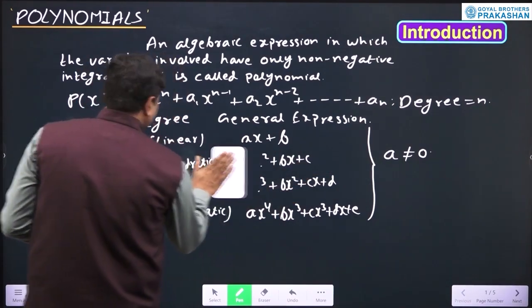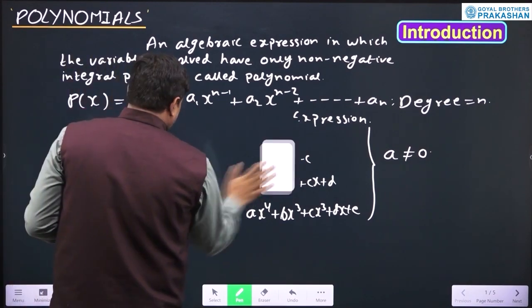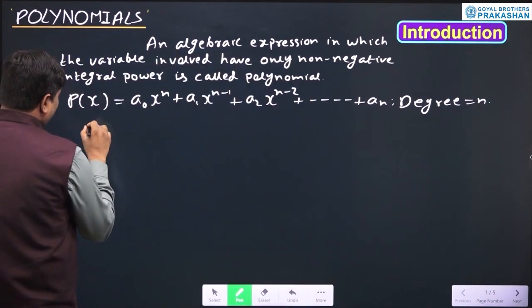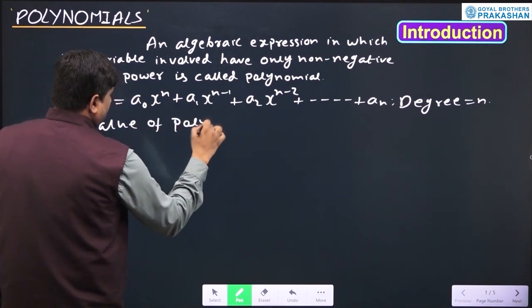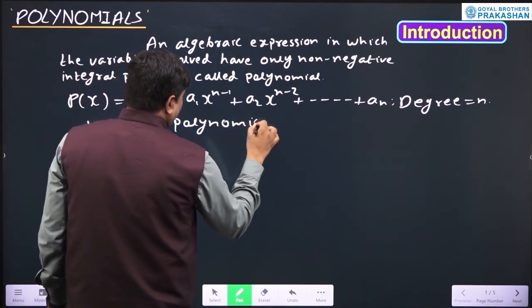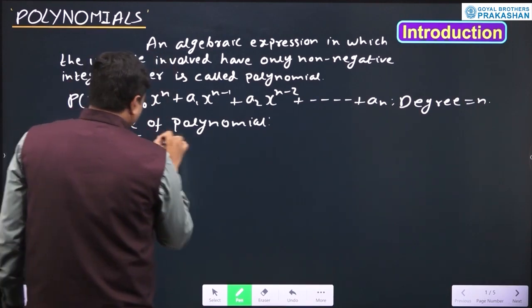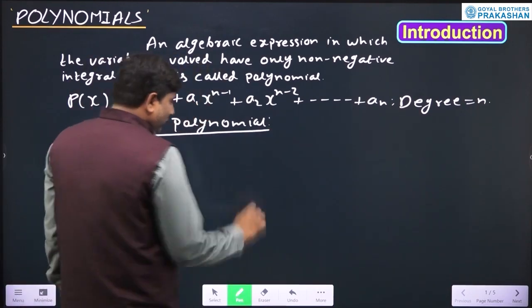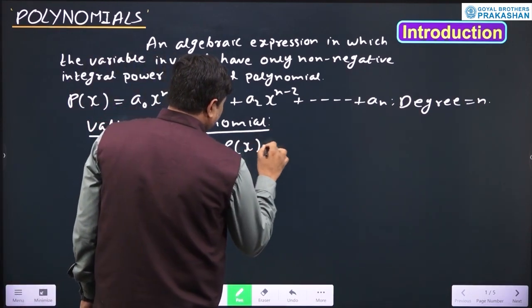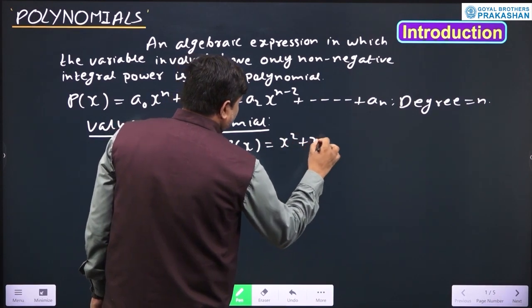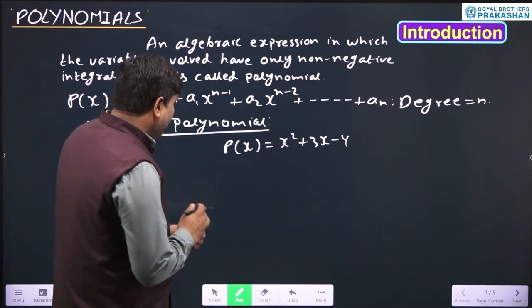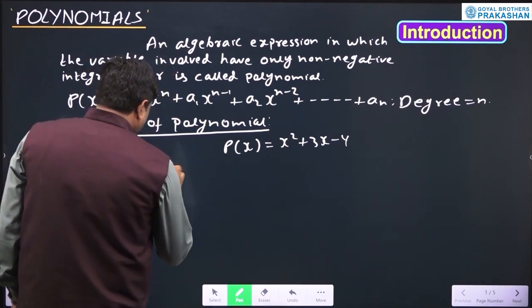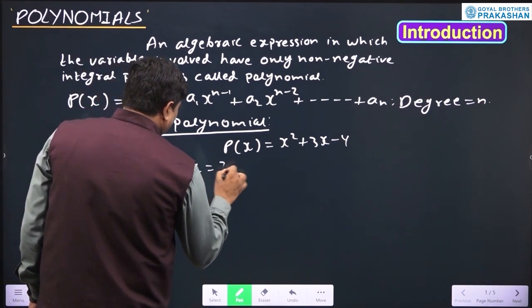Now next is the value of polynomial. Value of polynomial means if I take a polynomial x square plus 3x minus 4, for example, and I put x is equal to 2.